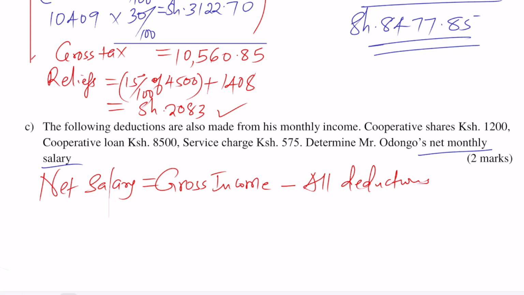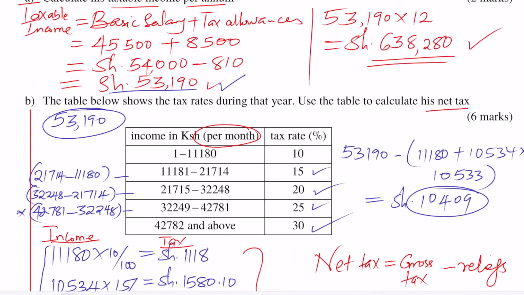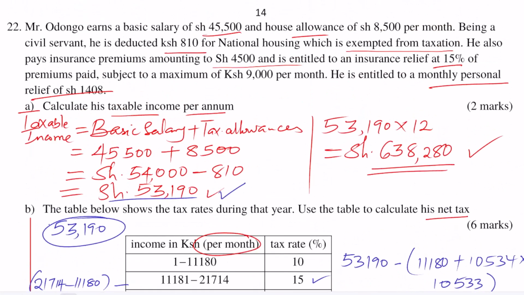So we go to the gross income. What was the gross income? Gross income is given as basic salary plus the allowances. We have 45,500 plus 8,500. That is the gross income.